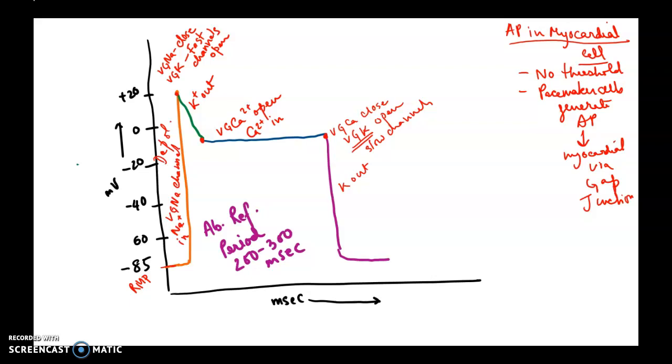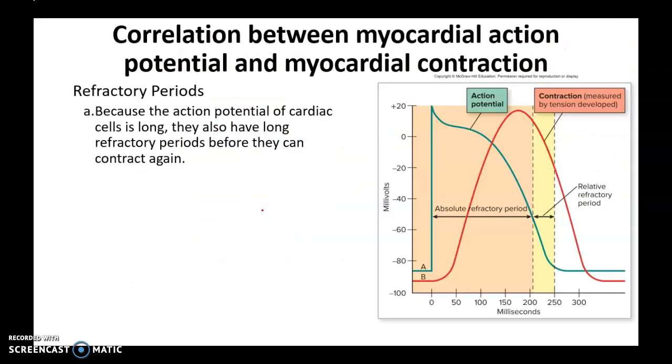So in this case, the refractory period is very, very long. This diagram is showing us the correlation between myocardial action potential and myocardial contraction. Now the action potential is long, right? And therefore it has a long refractory period before it can contract again.